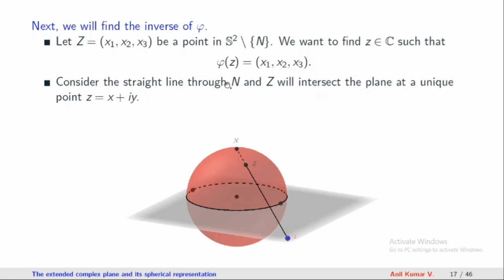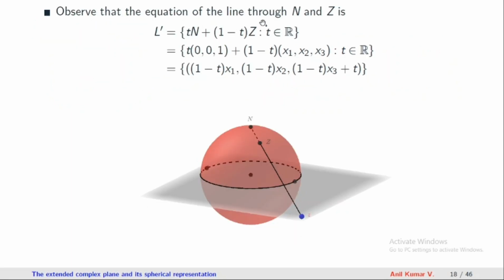For this, consider a straight line passing through the points n and z, and observe that this straight line intersects the plane at a unique point z equal to x plus iy.